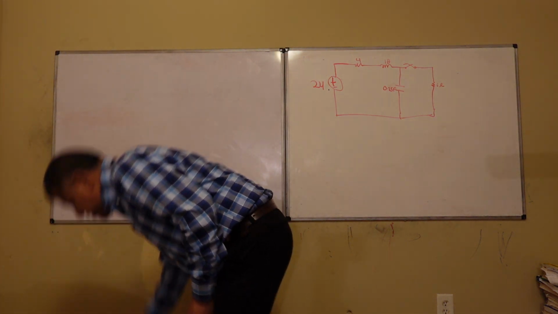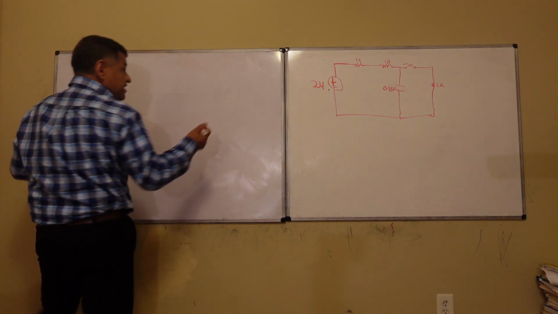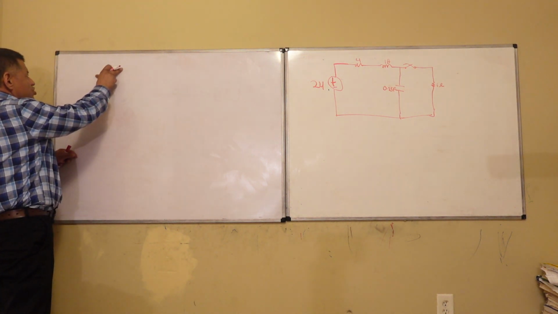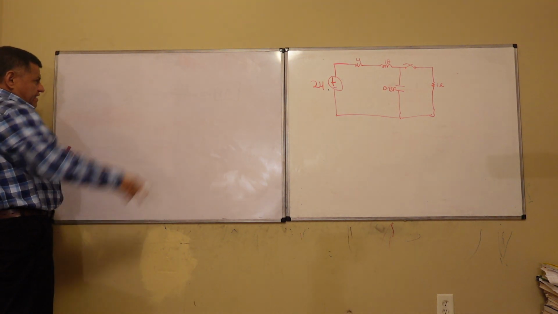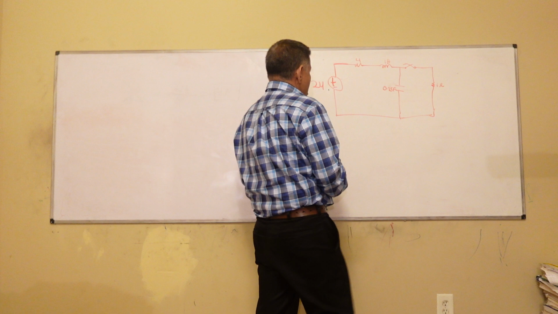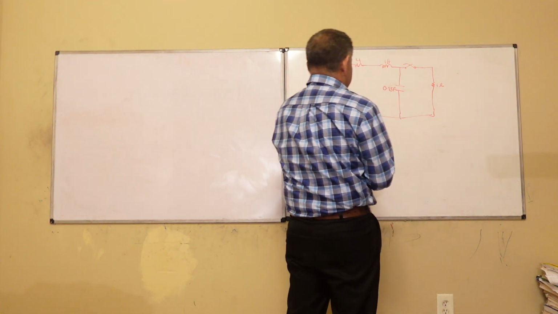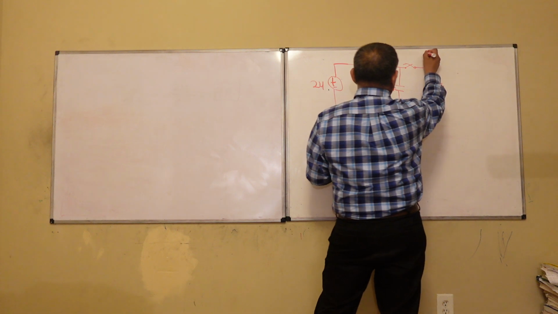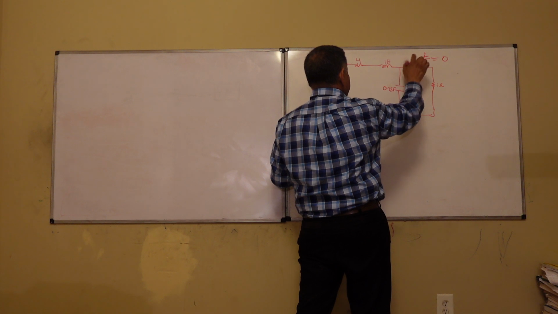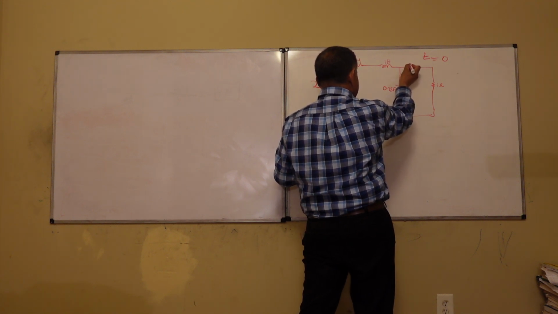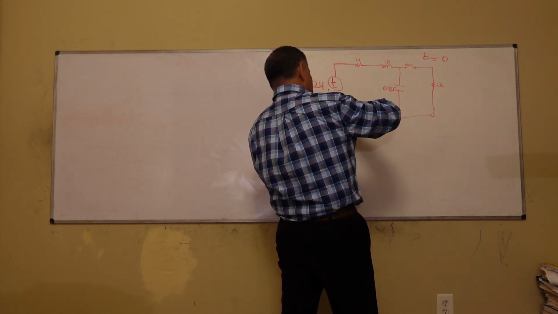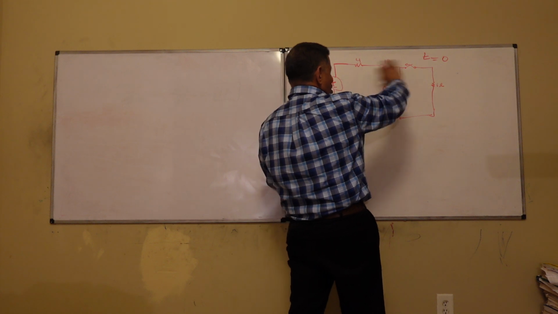So the first thing that we need to do is the same thing that we did last time. What did we do last time? We found the current, assuming that at time t equal to 0, the switch is still closed.